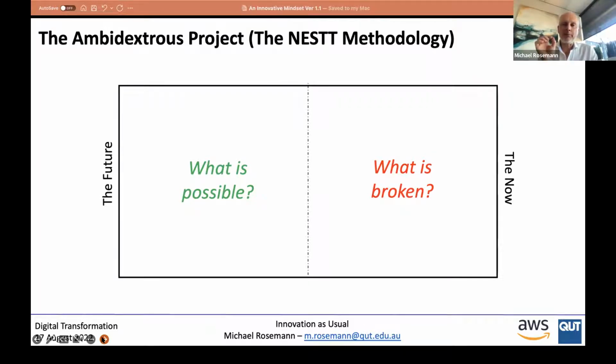And then with a tape, we have a demarcation. And if you're to the right, then yes, you look at today's business, at today's challenges, and we try to fix what is broken. And if you take into the other room, you're not allowed to use any of these terminologies. It's all about working out what's possible. And in every single project we had so far, we always started in the left, in the green half.